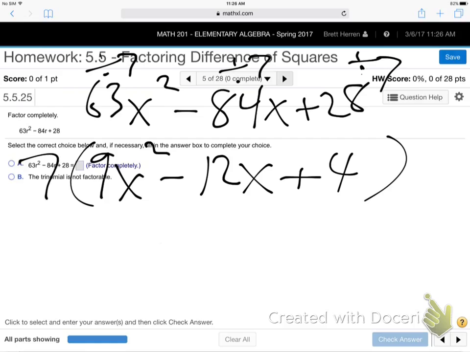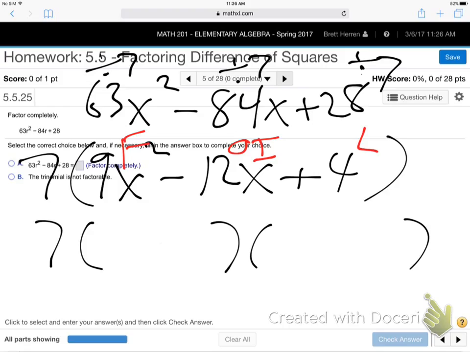Now we're not done, that's just the first step. Now we leave that 7 in the front, and we don't do anything else with the 7. It just stays in the front. That will be part of the final answer. And now we do the two parentheses with the FOIL thing.